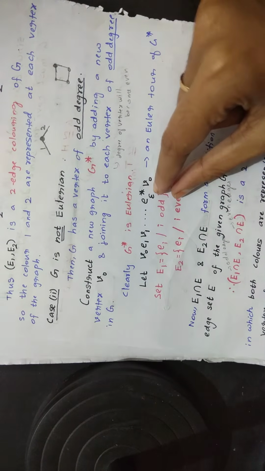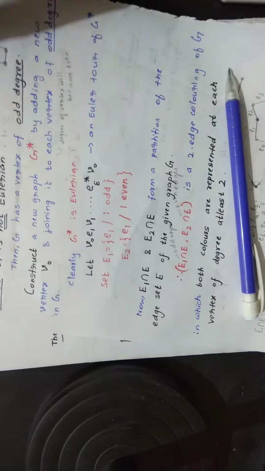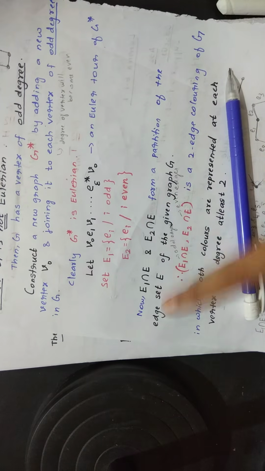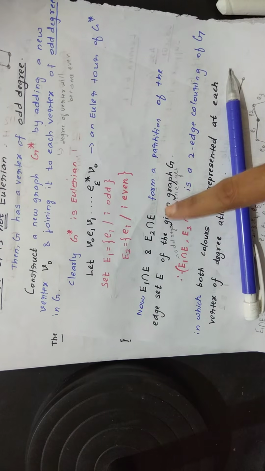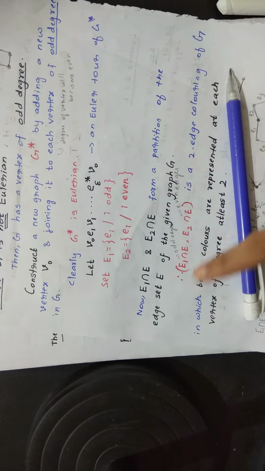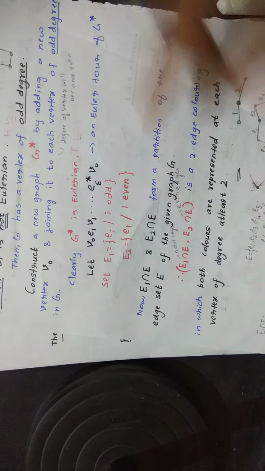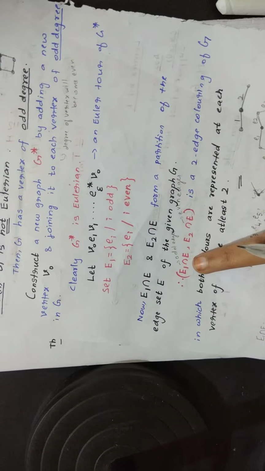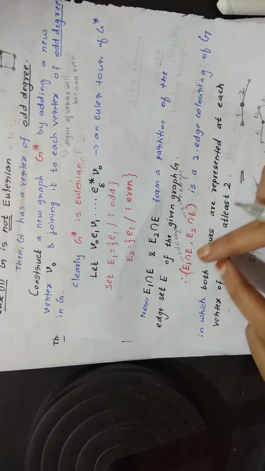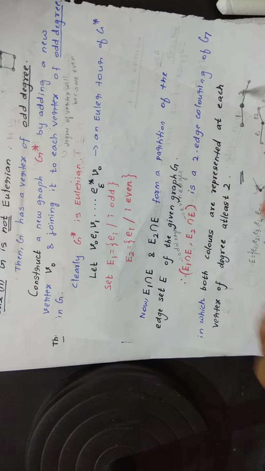Now you have two sets, E1 and E2. You split into two sets the same way that you did in case 1. Now E1 intersection E and E2 intersection E form a partition of the edge set E of the given graph. You are partitioning the given graph. This resembles E1, E2; you are writing the same thing but in a different manner.